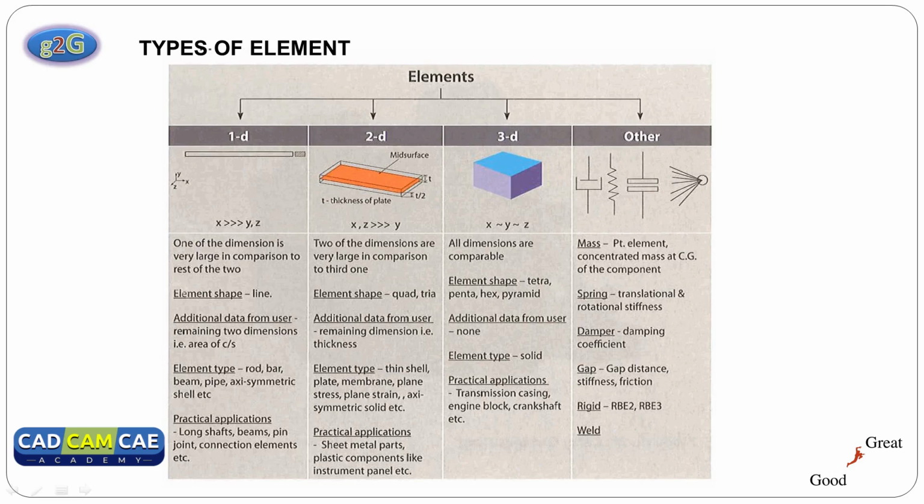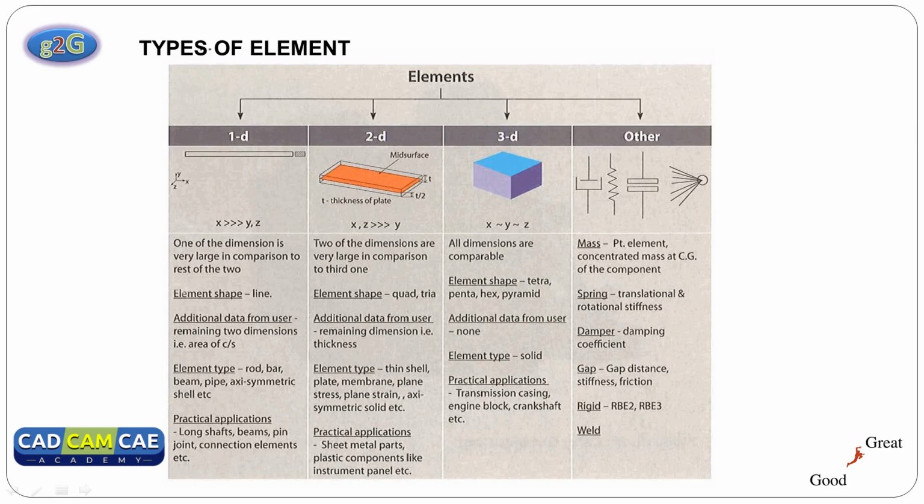The other element type is 3D. All dimensions are comparable. Element shapes will be tetra, penta, hexa, pyramid. Automobile applications for this will be overhead systems, which will be modeled as hexa. Crankshaft, engine components, suspension will be solid, modeled as hexa and tetra. Seat foams will be modeled as tetra.